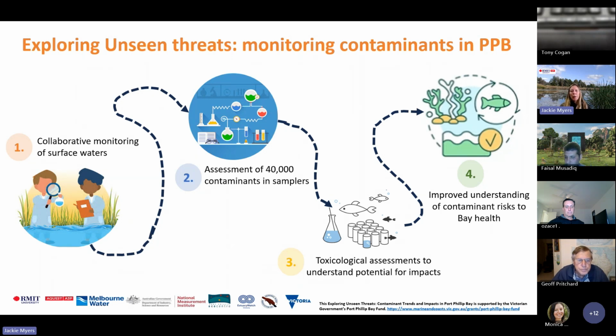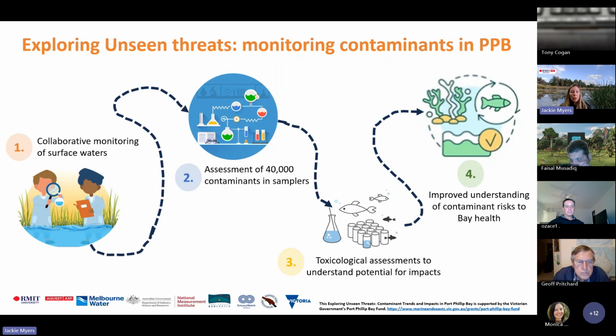By doing this, we can provide crucial data on priority contaminants and areas of concern. This will enhance our understanding of marine and estuarine environments and help support effective management actions to protect and maintain their health.